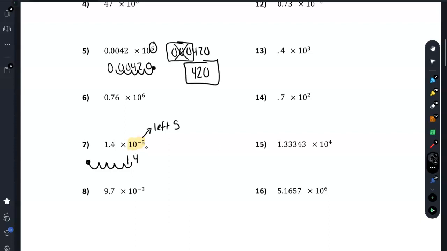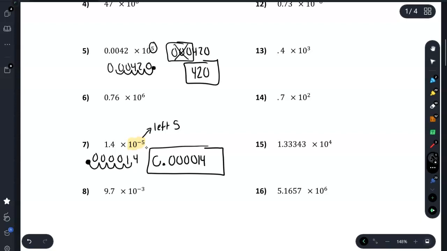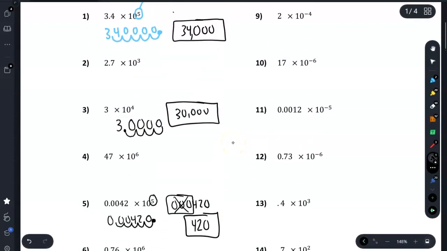My decimal goes right here, and then I have zeros that I needed to hold that place. So my answer is 0.00014. You can leave it like that for my class. Some instructors will want you to put a 0 in front of that decimal place just to highlight that, hey, everything else is behind the decimal. Let me move to number 9.